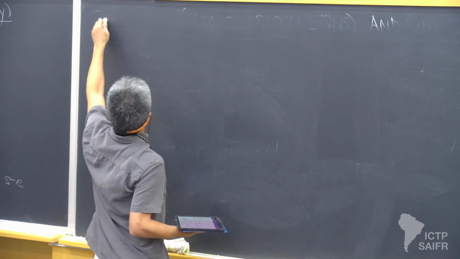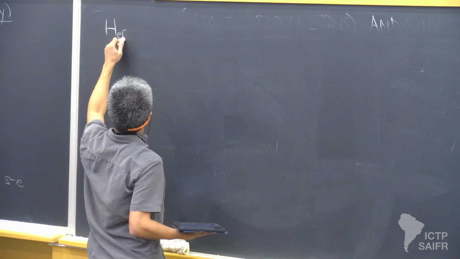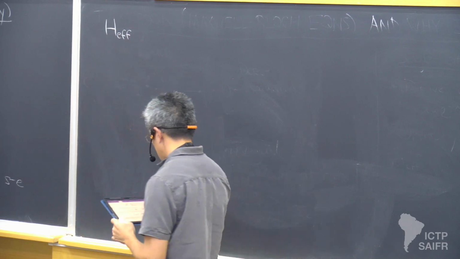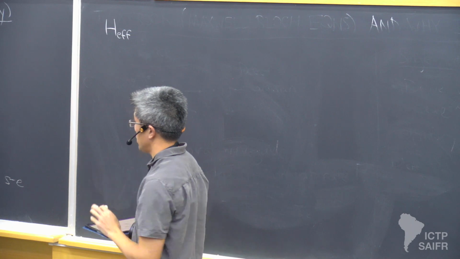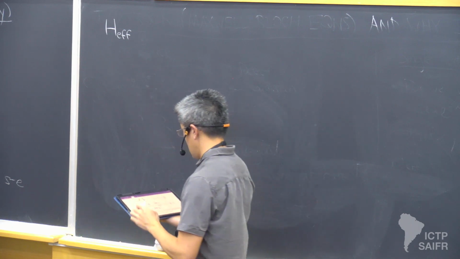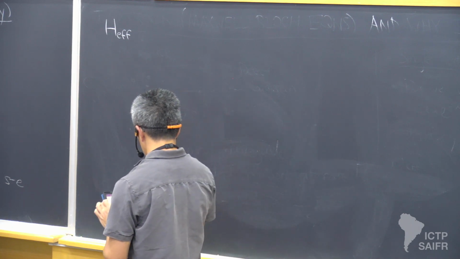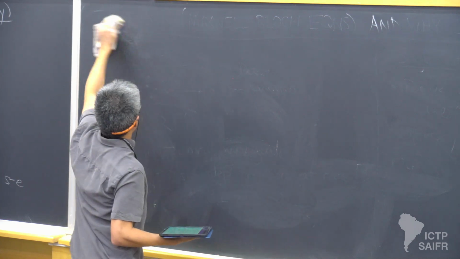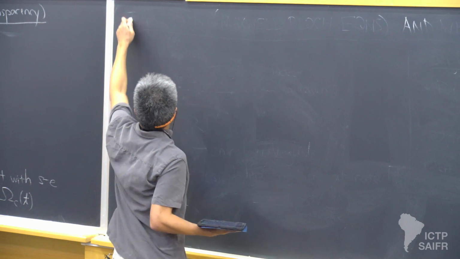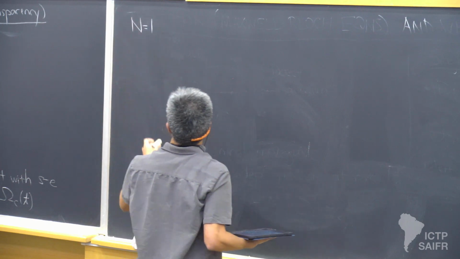Okay, so let me now write down the effective Hamiltonian for this new EIT configuration. And just like before, let's also deal with just a single atom.